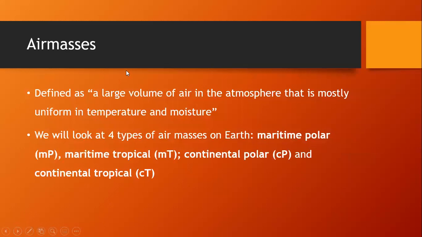An air mass is defined as a large volume of air in the atmosphere that's uniform in terms of temperature and moisture. What that means is if it's warm, it's usually all warm, and if it's cold, it's usually all cold.